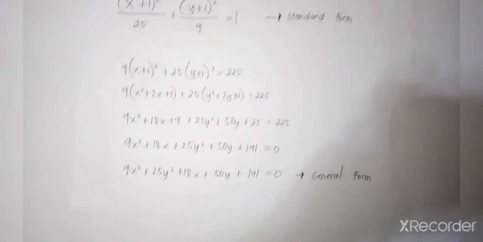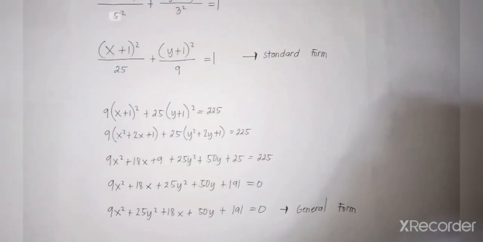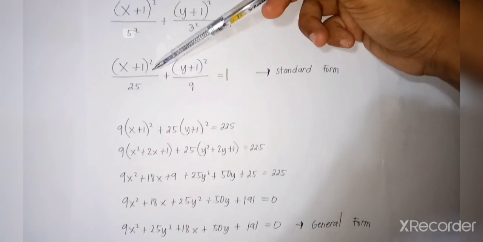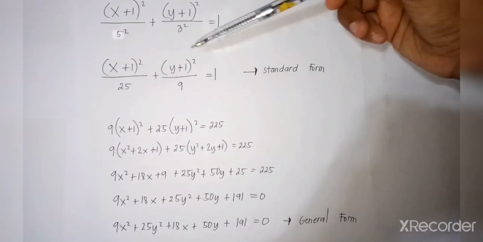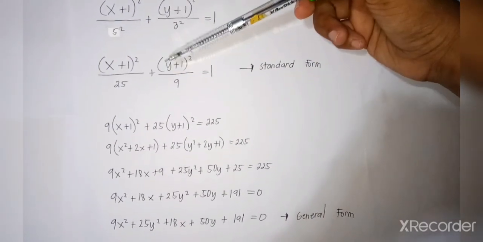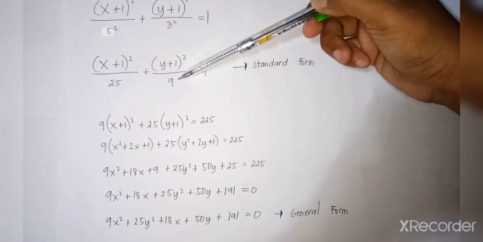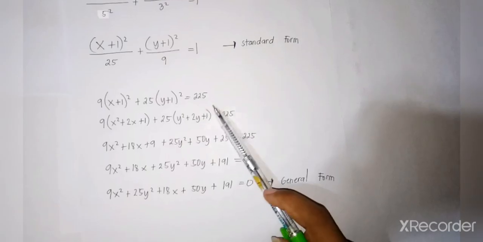Now we write it in general form through this solution, which is 9 times the quantity of x plus 1 squared plus 25 times the quantity of y plus 1 squared is equal to 25 times 9, which is 225.